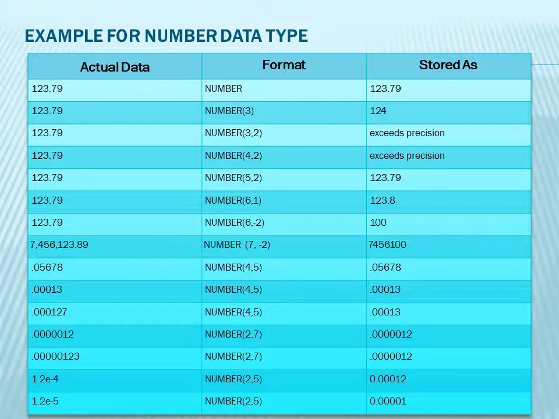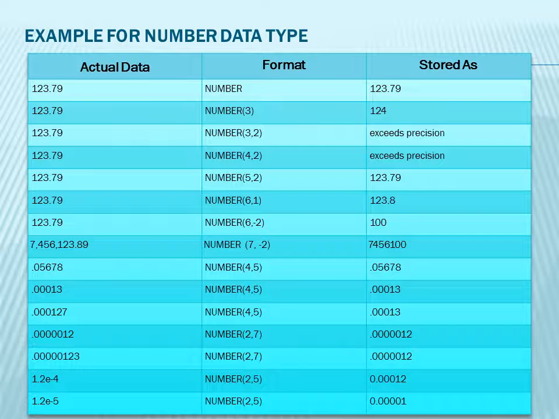Then the data stored inside is 74 lakhs 56,100. So we are giving minus 2 for the scale, and the last 2 digits are converted to zeros.